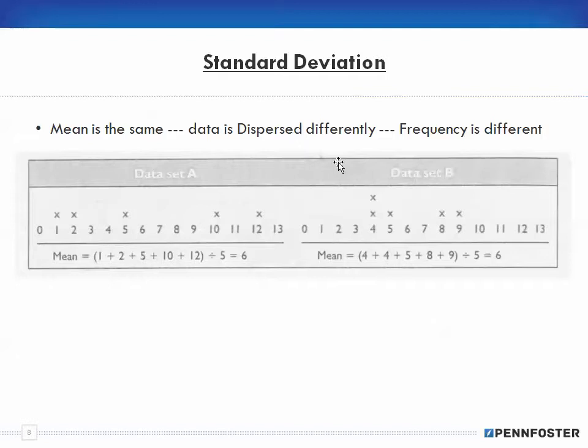Okay, so standard deviation. What they're showing here is, it says the mean is the same, but the data is dispersed differently and the frequency is different. Okay, so we have 2 sets of data here.